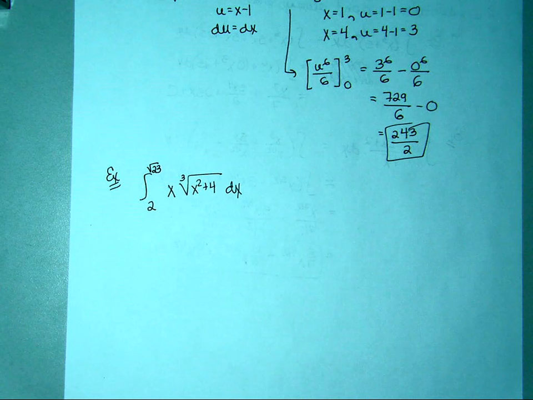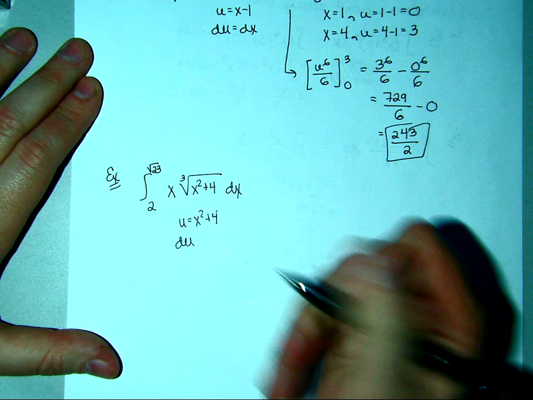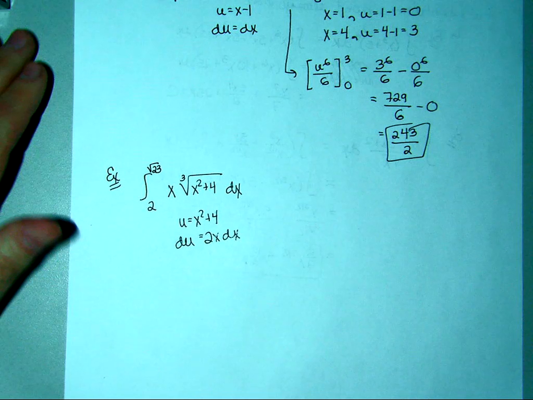So we'll start with our u-substitution ideas. Sydney, what's u? X squared plus 4. So what's du? 2x dx. So Elizabeth, how can we make this work?